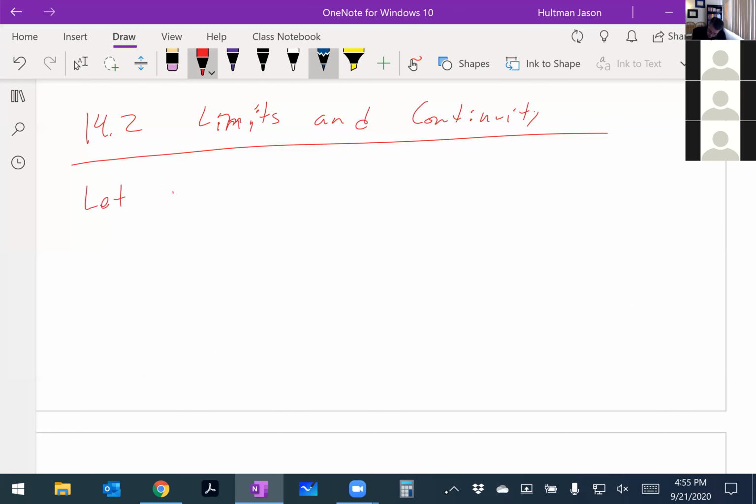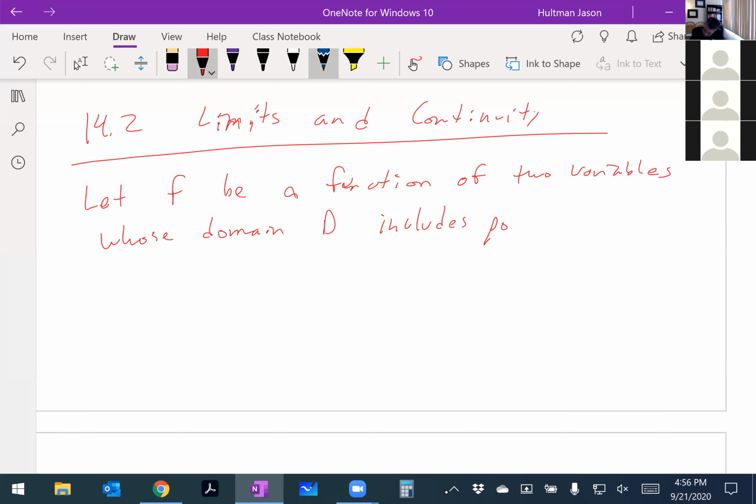Okay, let f be a function of 2 variables whose domain D includes points arbitrarily close to (a, b).